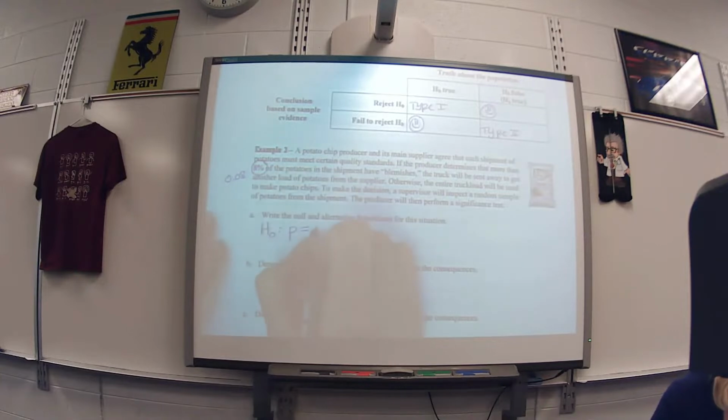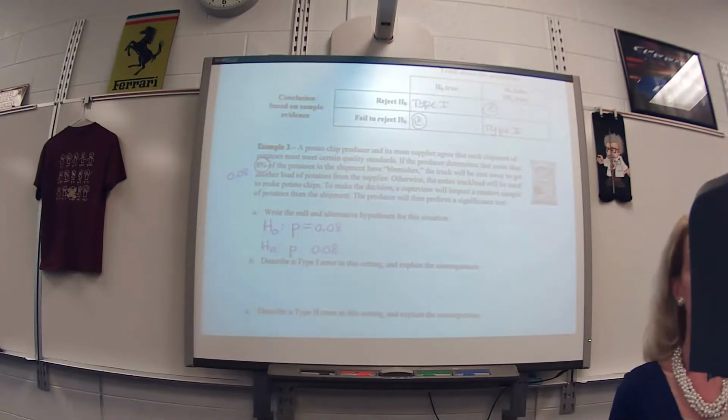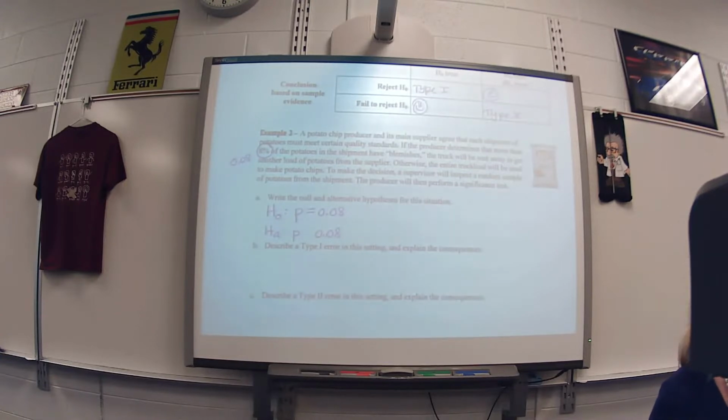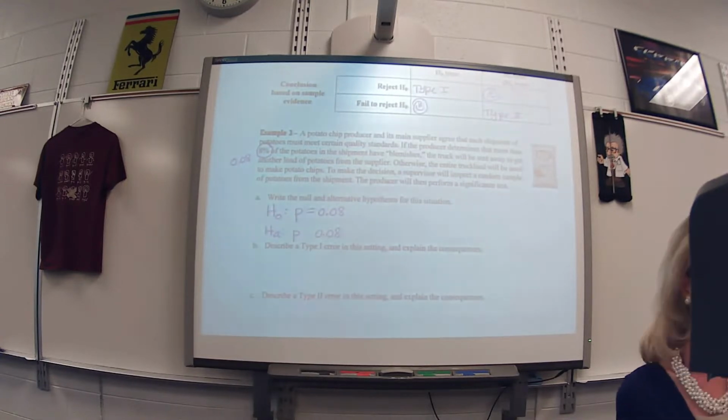And we're going to use the number 8%. Now, the alternative hypothesis has to use the same variable P. It has to use the same number, 8%. But now you have to choose. Do you want a less than, a greater than, or a not equal to?